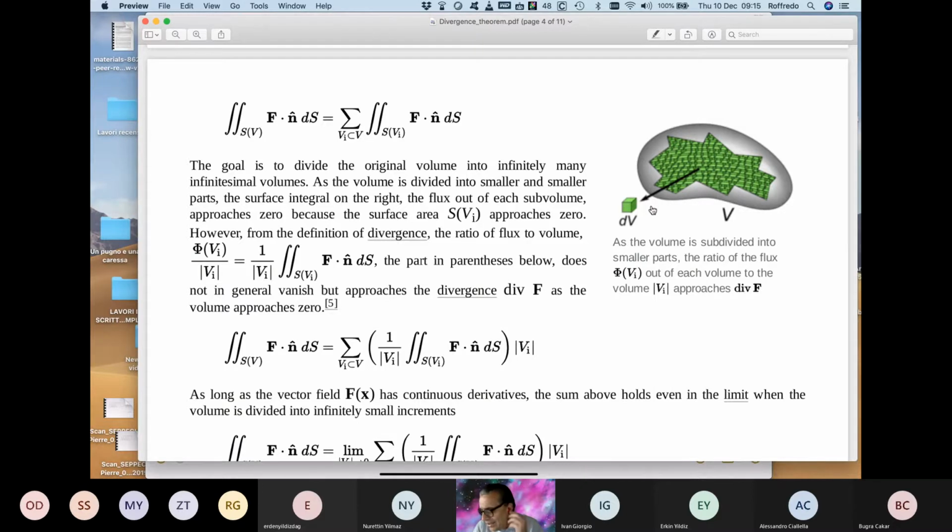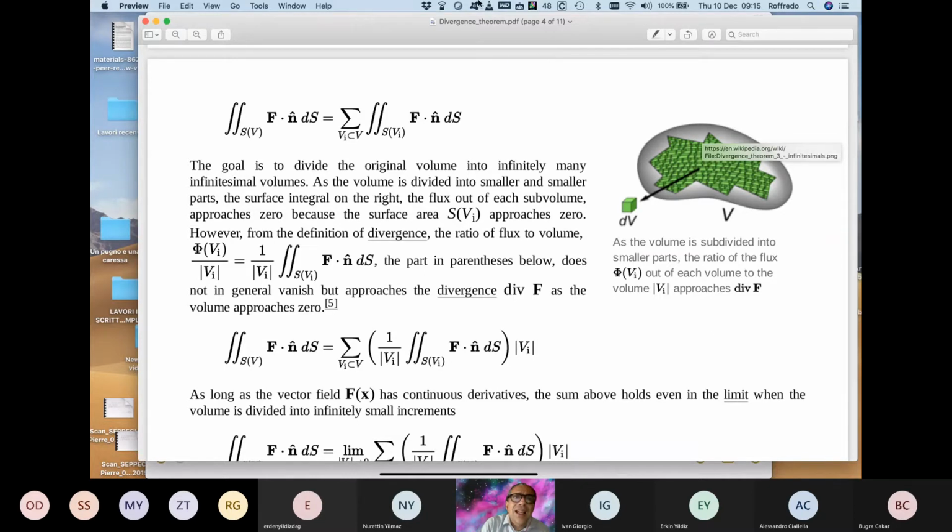Cubes with, therefore, faces orthogonal one to the other, and edges which are orthogonal to the adjacent faces. So we will exploit this geometry soon. Okay, of course, you have troubles with the boundaries. Okay, but you are discretizing the boundary.